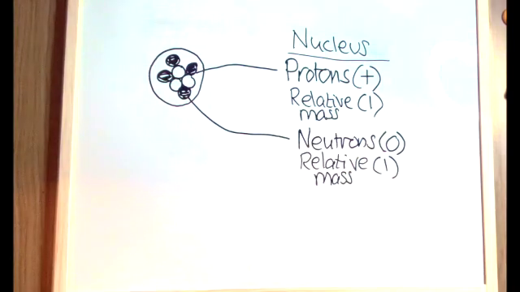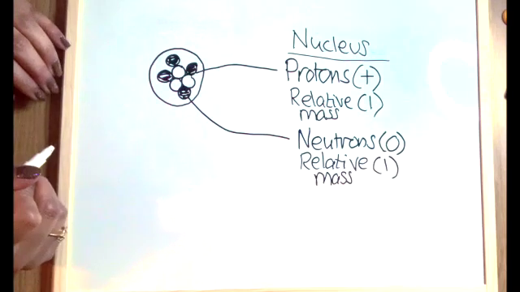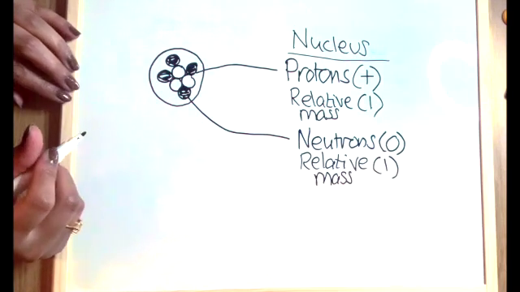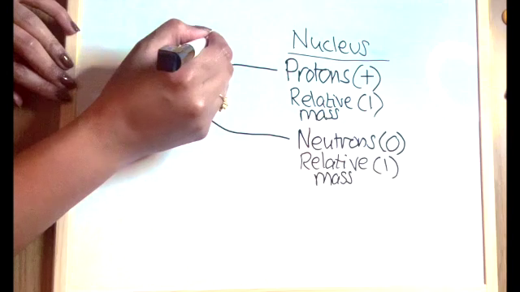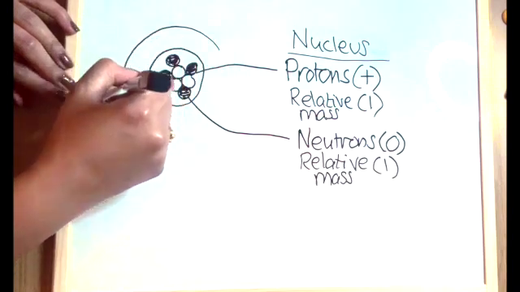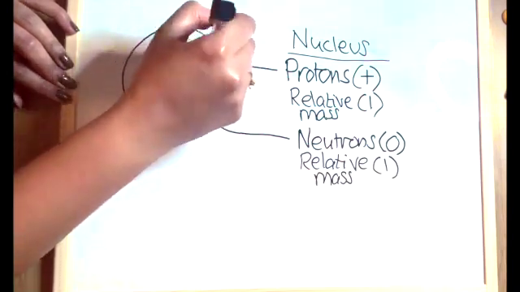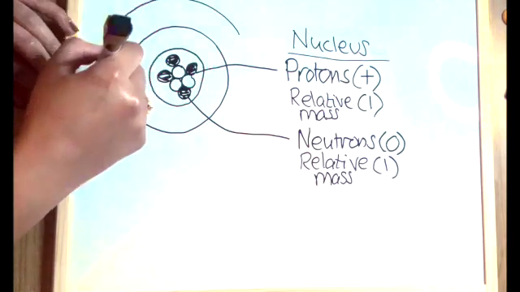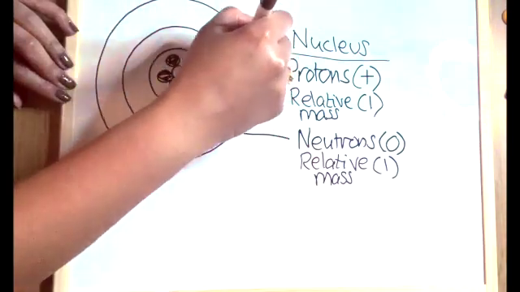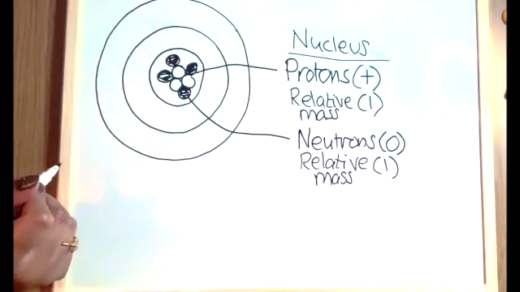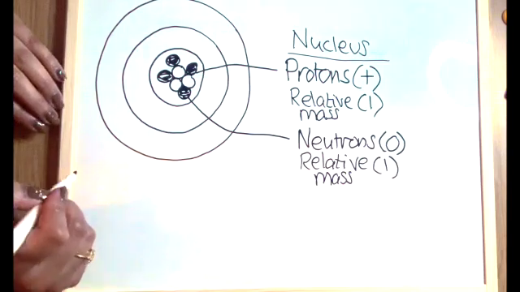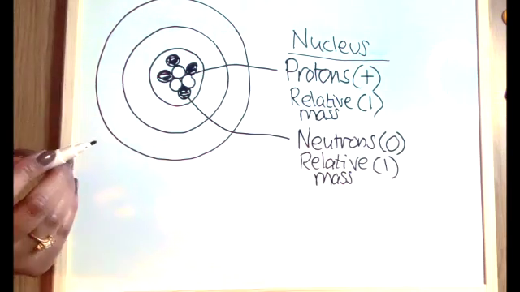Then what we have is the third subatomic particle. The third subatomic particle is the electron. So what I'm going to do here is draw these circles. The reason I'm drawing these circles is because electrons don't go anywhere.